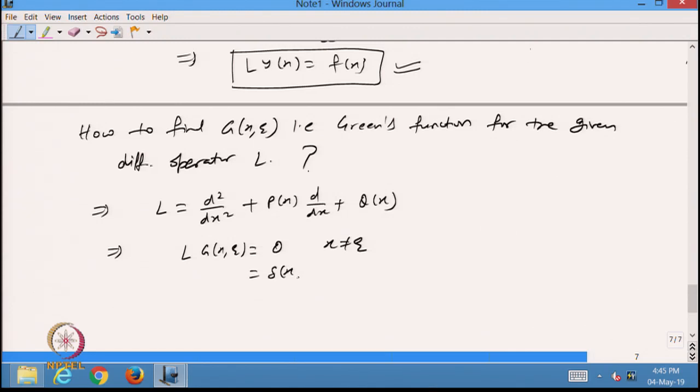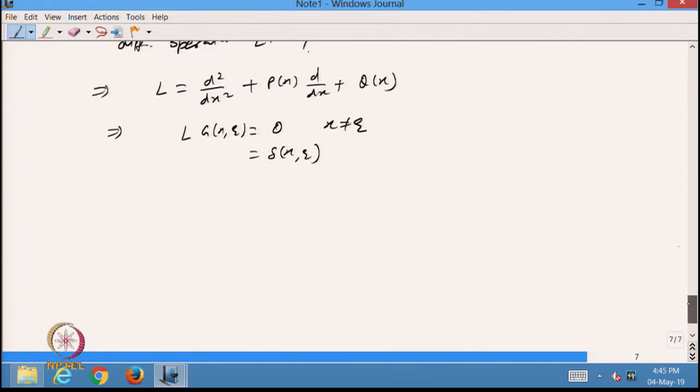So I just want to solve this equation for x not equal to xi. Let us see what will happen.